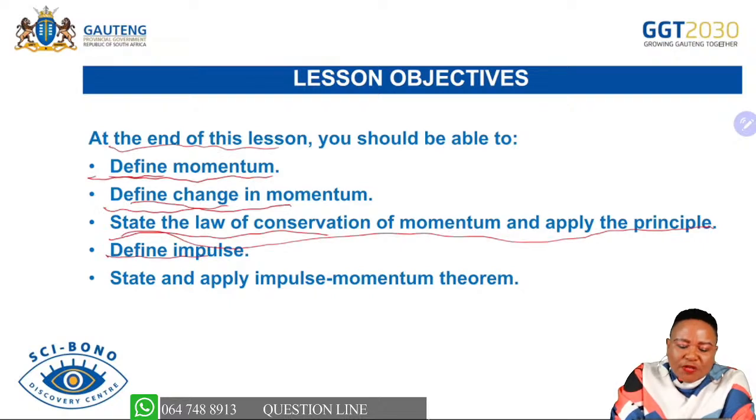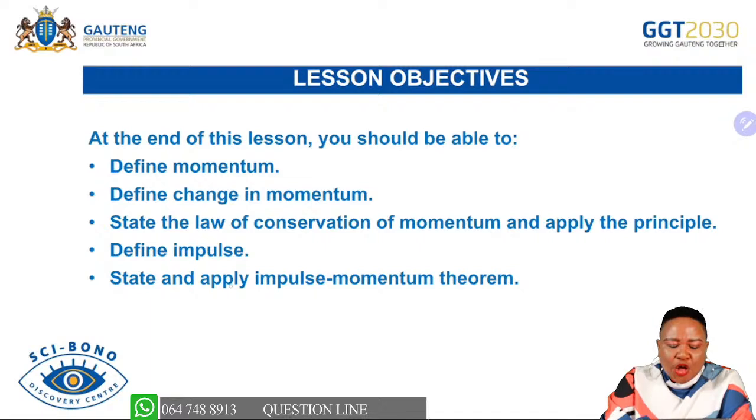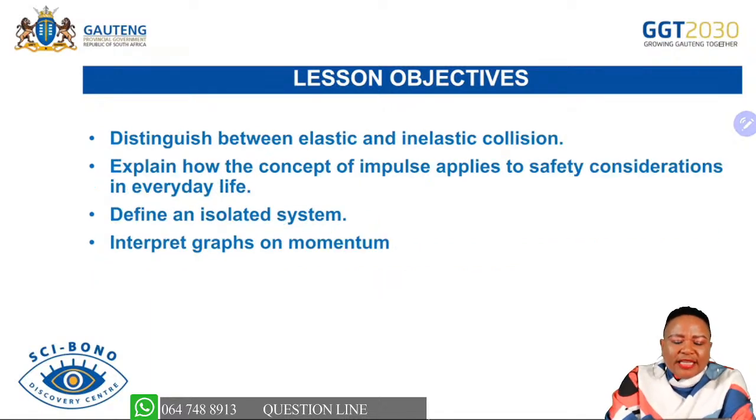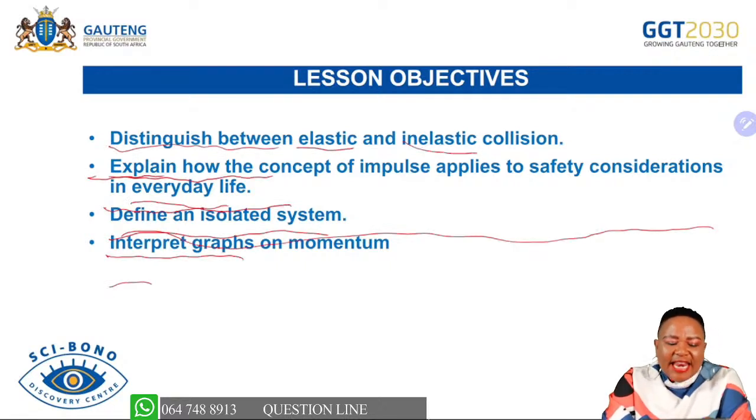We are also going to define impulse and state and apply the impulse-momentum theory. We will also look at distinguishing between elastic and inelastic collisions and explain how the concept of impulse applies to safety considerations, and also define an isolated system and interpret the graphs on momentum.